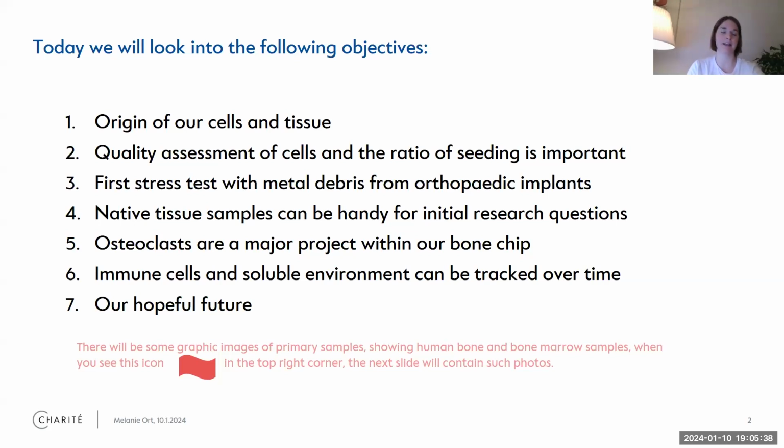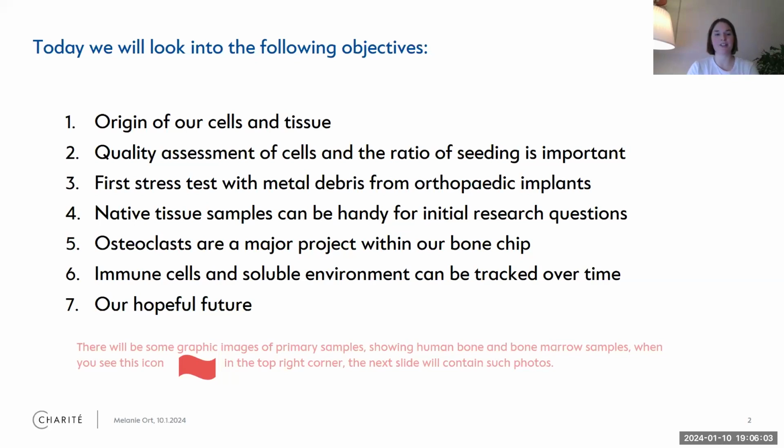And then I will go on talking about native tissue. I will show you pictures you will understand later and how that's handy when you do basal research. Then we will talk about osteoclasts, the bone resorbing cells, very special cells, as you will learn, hopefully. And then a little bit about immune cells and the soluble environment and our future projects or the outlook.